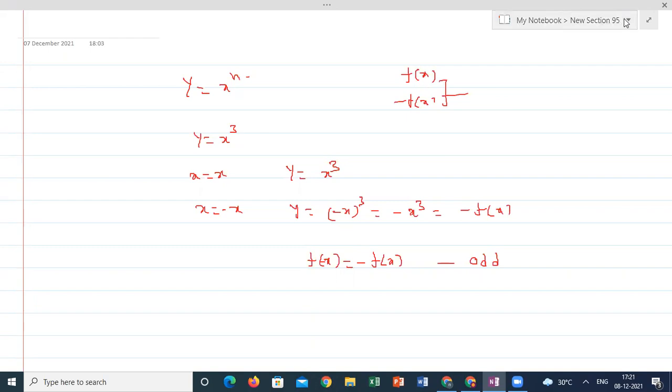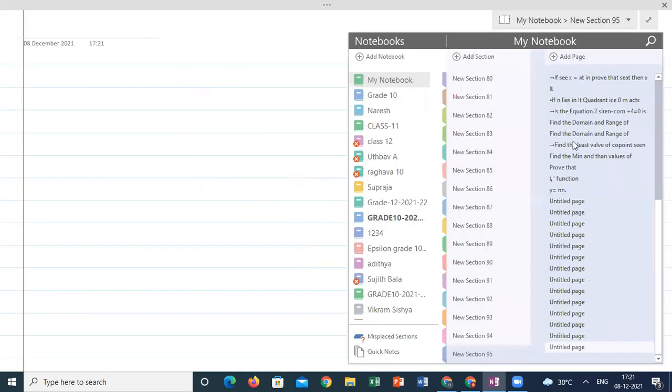Now come to the trigonometric ratios. I'm taking all the trigonometric ratios. Y is equal to sin x, cos x, tan x, cot x, secant x, cosecant x.